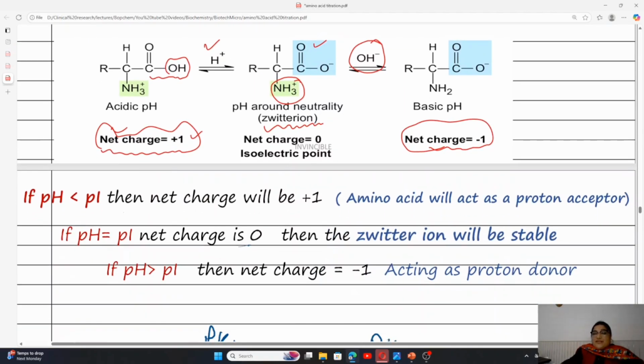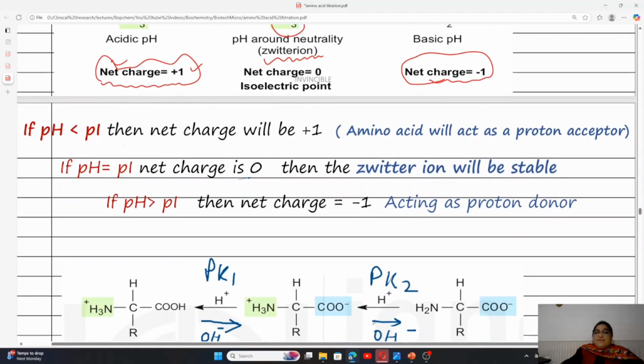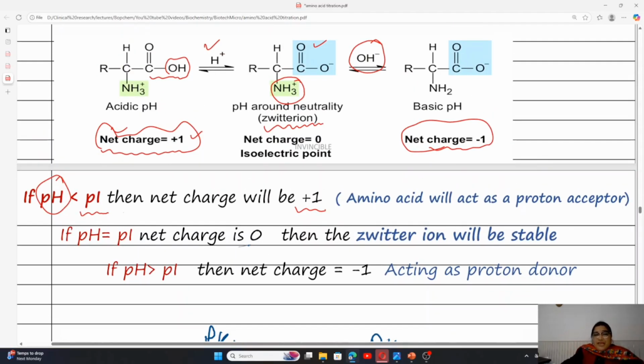So now we need to understand one important fact: what is pH? pH is the negative logarithm of hydrogen ion concentration. Now if the pH is less than pI, then the net charge will be +1. Similarly here in this image, the pH was less than pI, the isoelectric point, so the net charge will be +1.